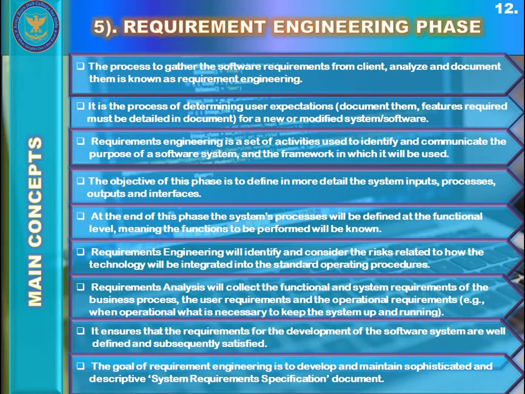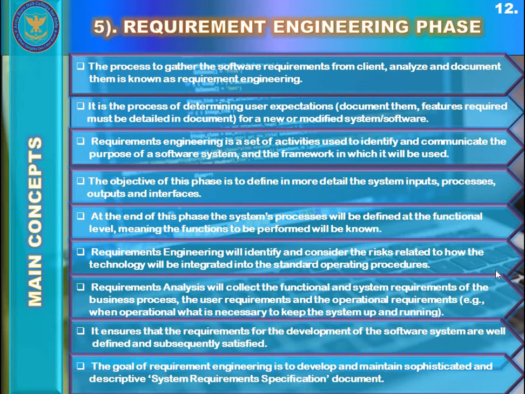So requirement engineering is the process to gather the software requirements from the client and from the end users, and document them. Those requirements are gathered, analyzed and documented. It is the process of determining the end users' expectations and documenting them. Those expectations can include certain features.